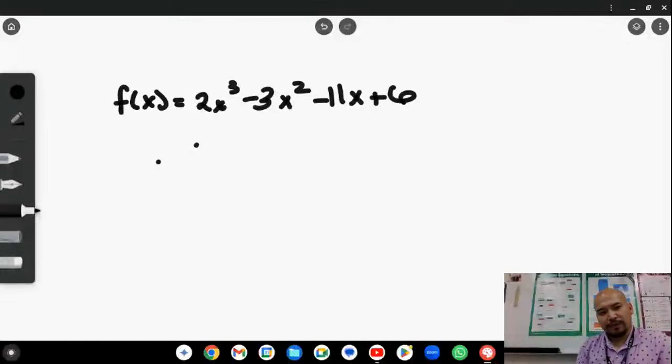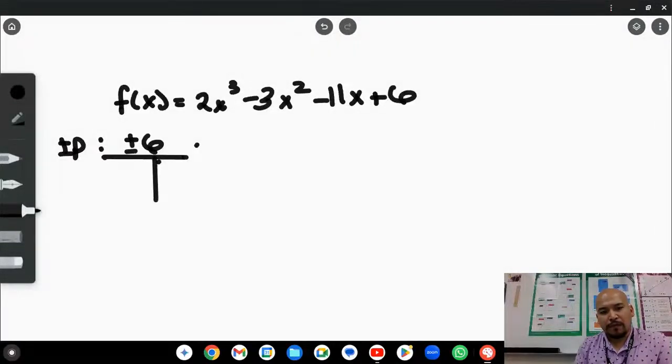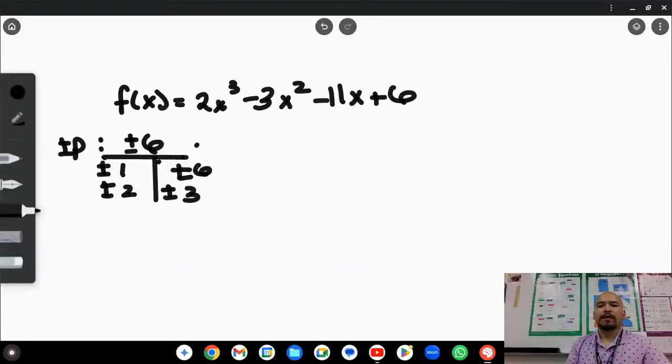We already know that the constant is going to be your p. So my constant is positive 6. Therefore my factors of 6 are plus and minus 1, plus and minus 2, plus and minus 6, and plus and minus 3. Those are the only factors that 6 has.